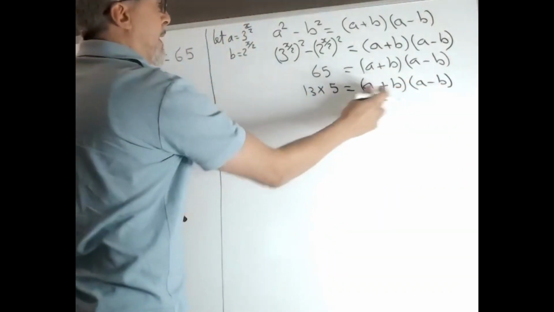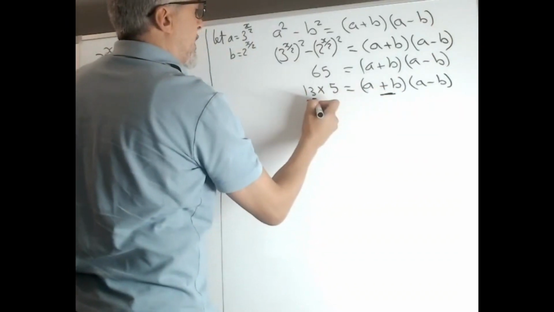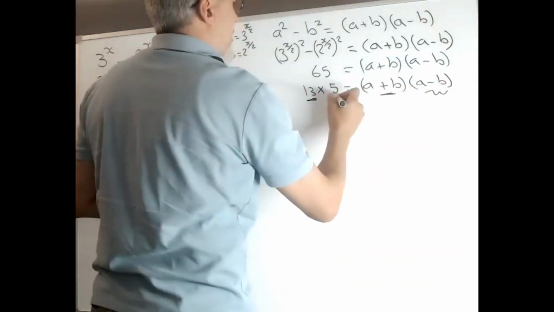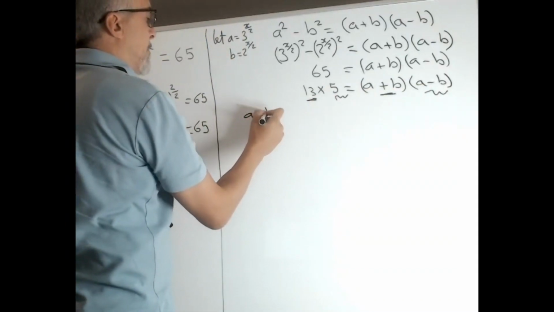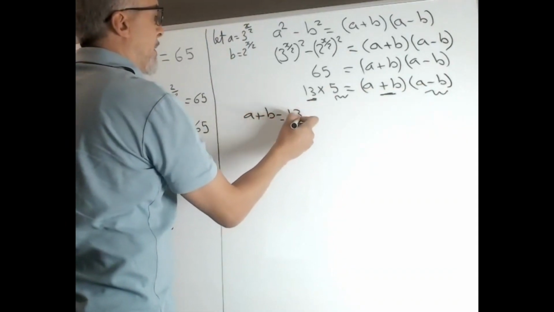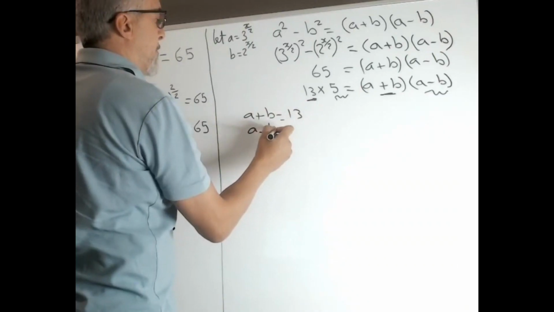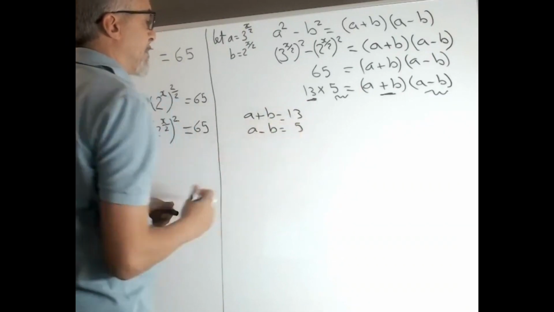Now, based on this, can we say this here is this, and this here is this here? So we can say a plus b equals 13, and a minus b equals 5.